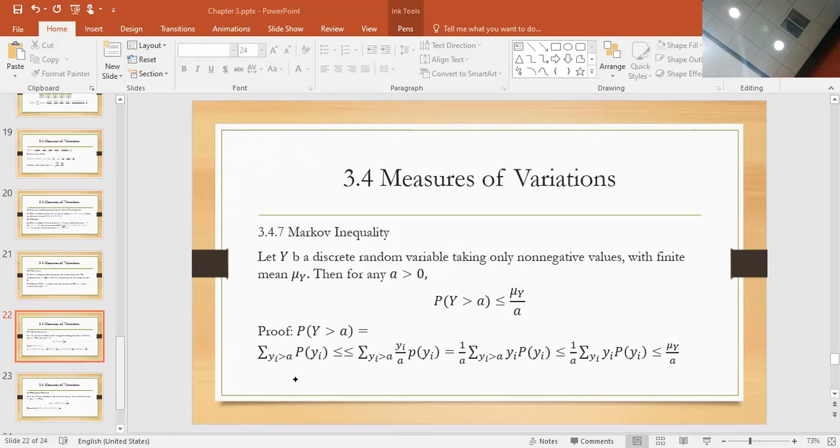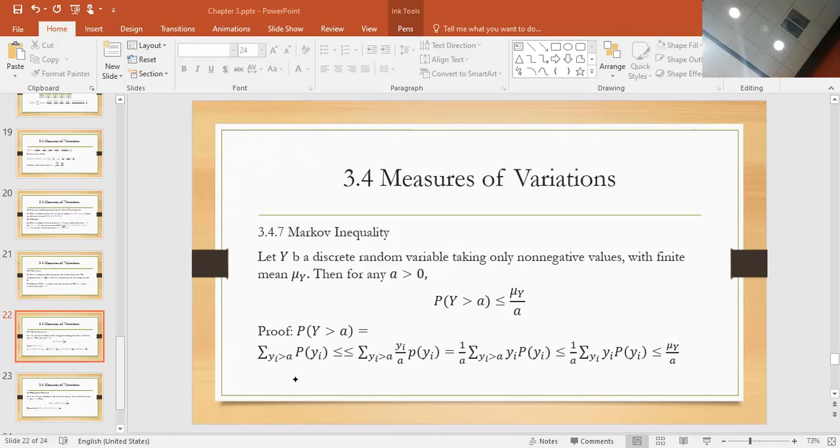So now, I will say this is less than or equal to the sum of yi over a, because yi over a is greater than 1. These are the values we have. Each of these terms, yi over a, will be greater than 1 by this.